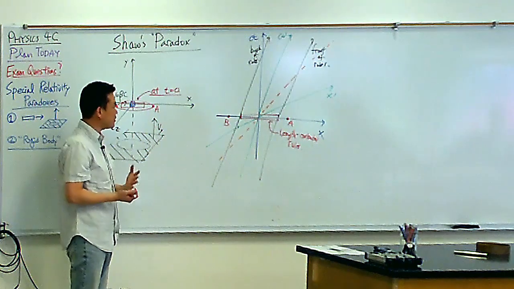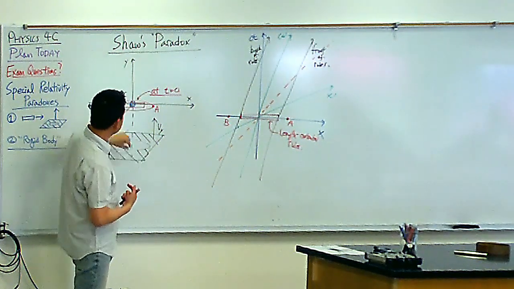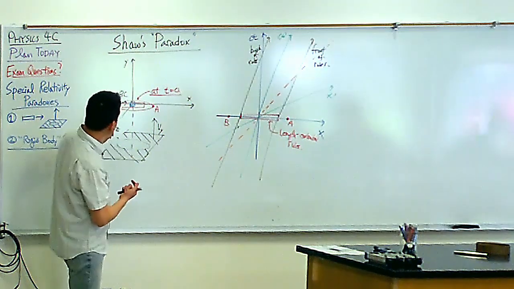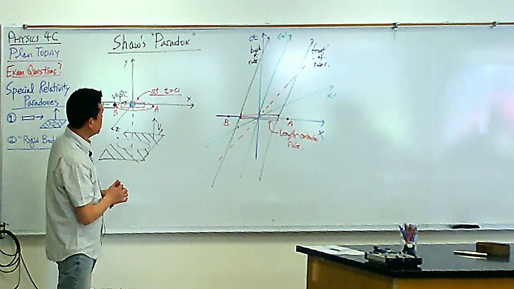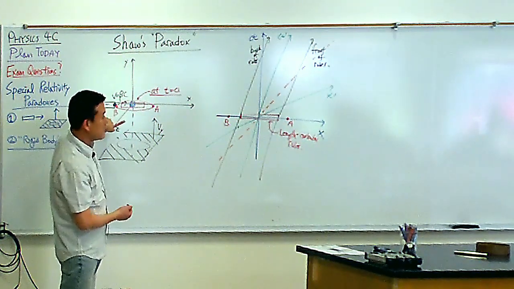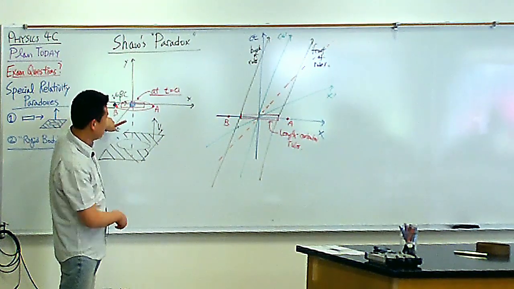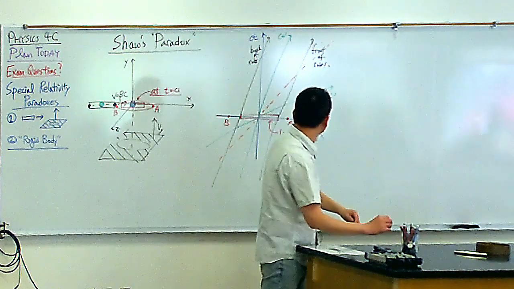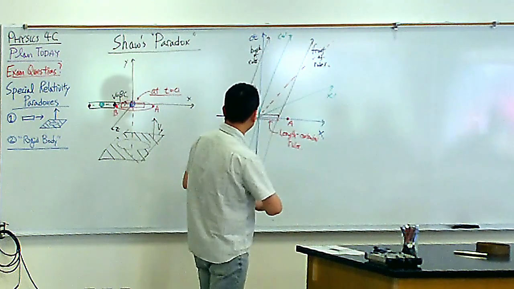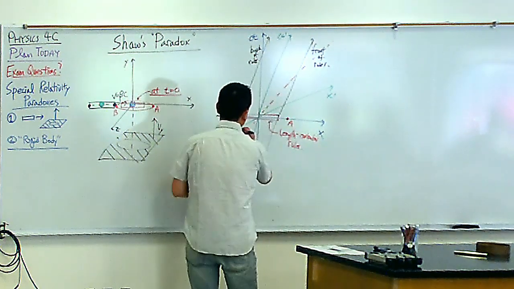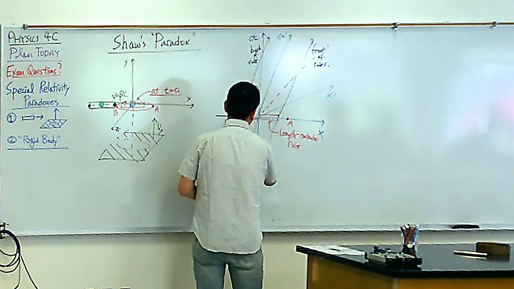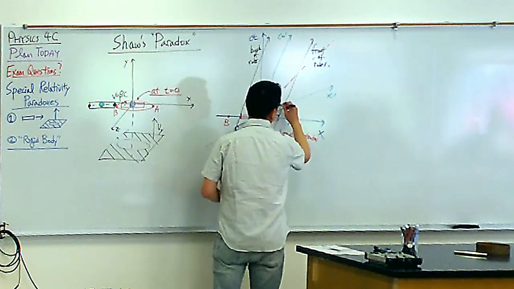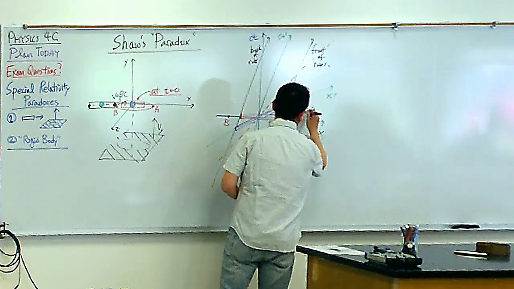Let me try to describe how this event appears from the perspective of this green observer. This is what describes t prime equals 0 for him, let me do that in purple, would be this. The location of the ruler here and here. So this is the picture, snapshot of t prime equals 0 for the ruler.